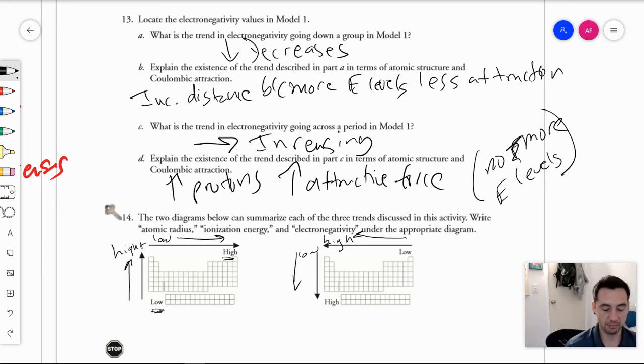So atomic radius should get bigger as you go down, smaller as you go to the right. So that's atomic radius. Ionization energy should get higher from left to right and get lower from top to bottom. So that's ionization energy. And then electronegativity should get higher from left to right, lower from top to bottom. So this is electronegativity.